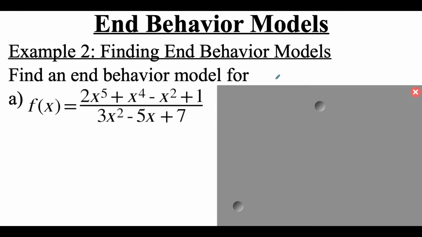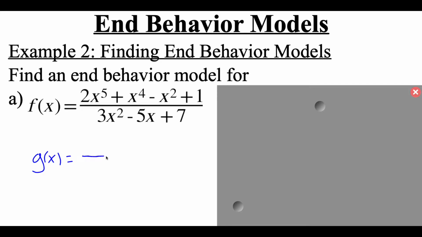Now, if you're looking at rational functions, things can get a little bit more complicated. So here in this first example, we've got the function f of x equals 2x to the fifth plus x to the fourth minus x squared plus 1 all over 3x squared minus 5x plus 7. If you want to find a good end behavior model for a rational function, and your numerator and denominator are each polynomials, then we can use what we just talked about. So I'm trying to build a g of x end behavior model using what I know about these individual polynomial functions in the numerator and in the denominator.